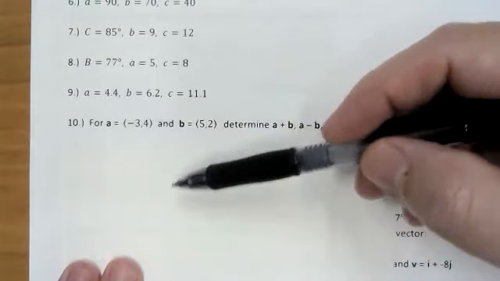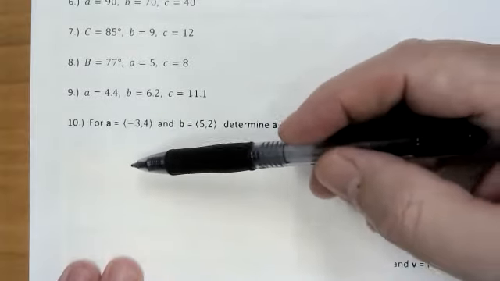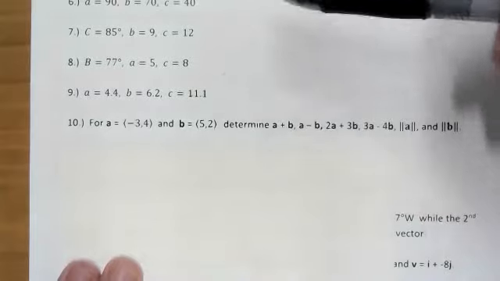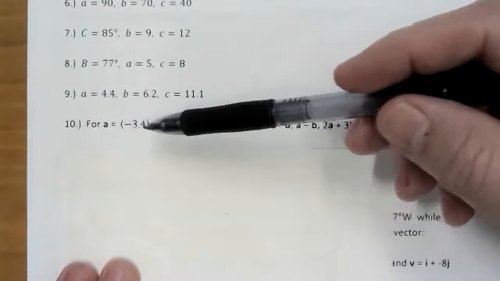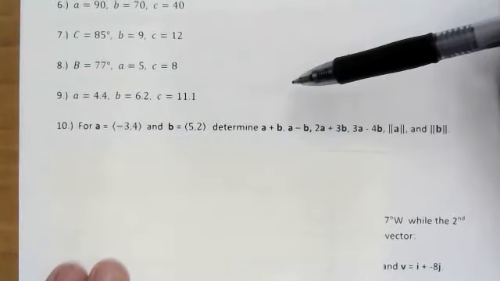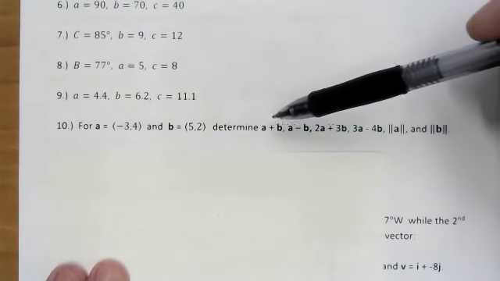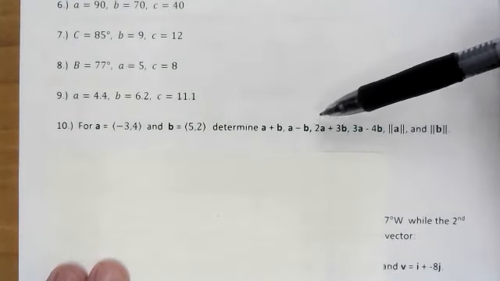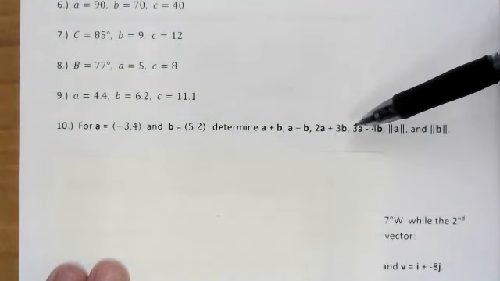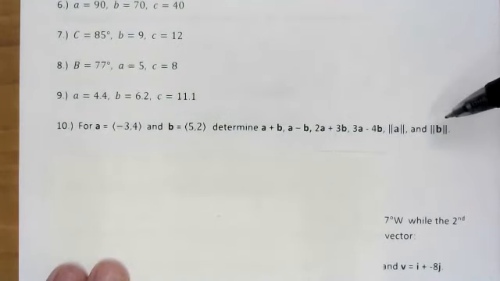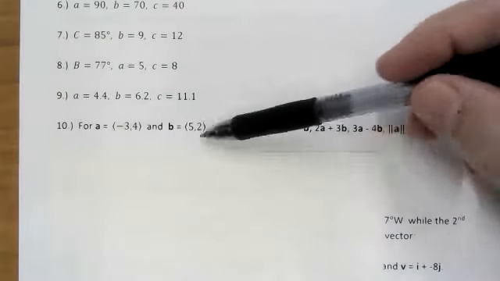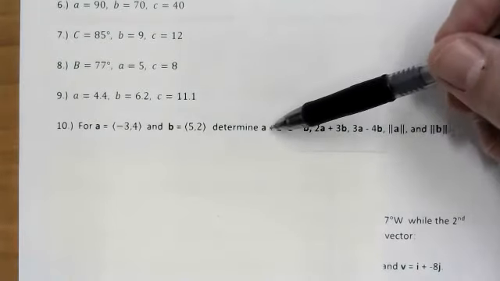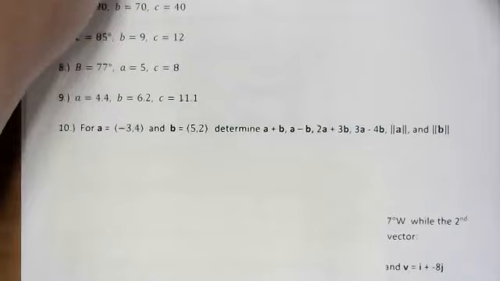Of course, typically when we work out problems by hand, we draw the little half arrow on top. So we've got 2 vectors, vector A, vector B, and then they want us to do a bunch of things. They want us to add the vectors, subtract the vectors, 2A plus 3B, 3A minus 4B, and then find some magnitudes. So let me just write down these vectors on a separate piece of paper, and then we'll go through these one at a time.